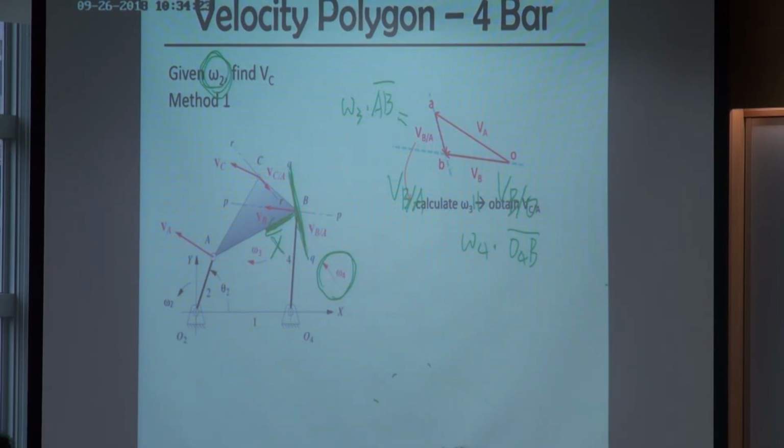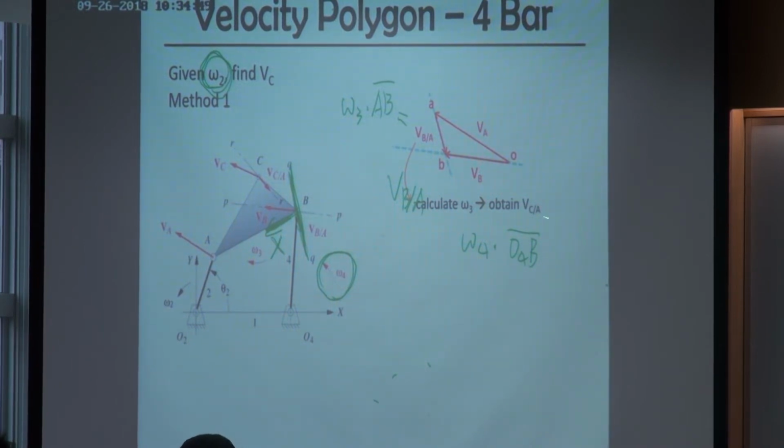So here we can get, well, they are overlapping. So here I can already find omega 3, by using this relationship between the linear velocity and angular velocity. So if we get the omega 3, here I said we can obtain VCA, but we don't know yet.